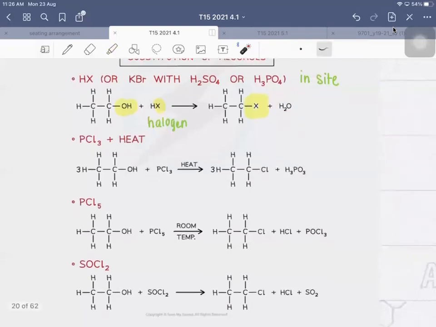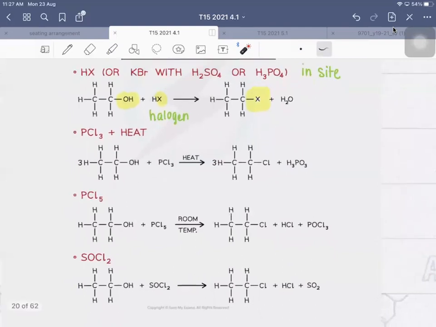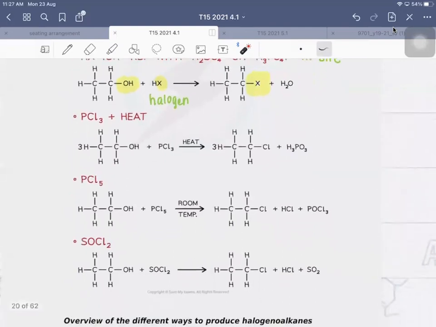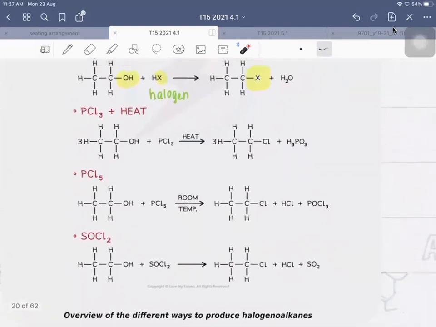If you don't want to use potassium bromide or sodium bromide with sulfuric acid, you can use PCl3. This is called phosphorus trichloride, which can be obtained readily. This reaction is straightforward. You just throw in PCl3 and then you heat it. Same thing happens.